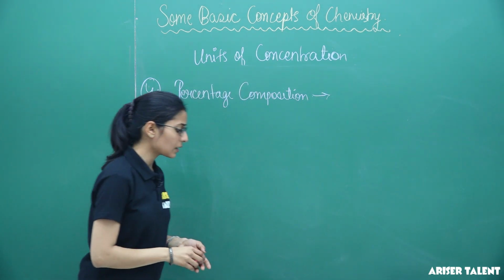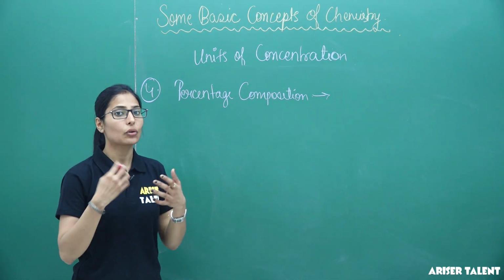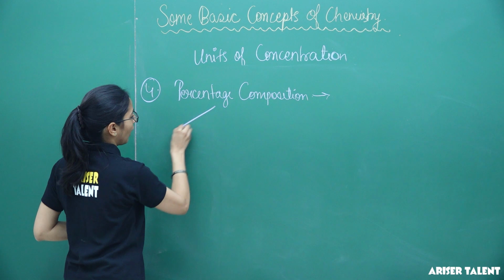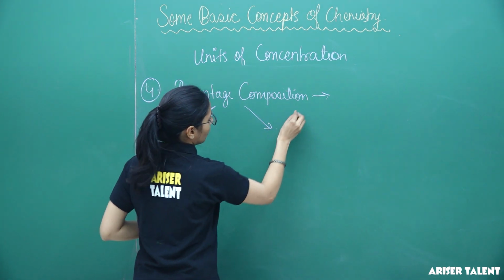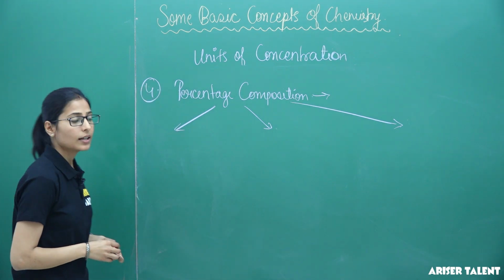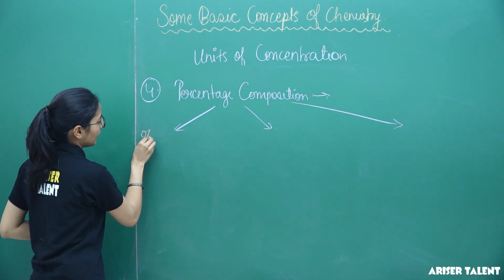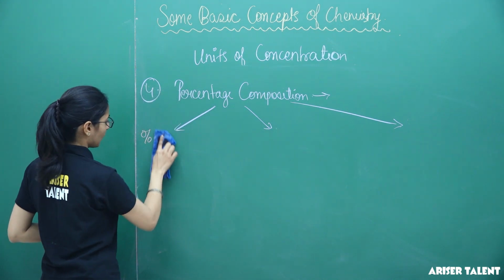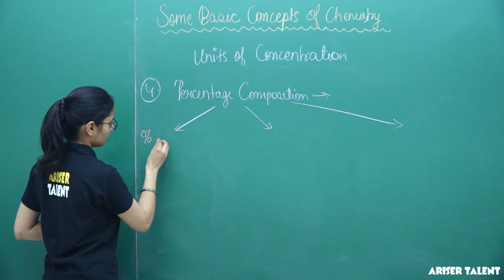This percentage composition can be given in 3 ways, as we have seen there. These 3 percentage compositions can be percentage weight by weight, or you can also write mass by mass.